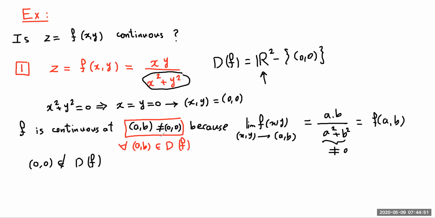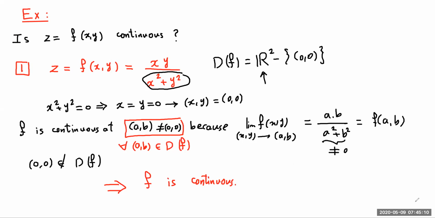The function f will be continuous at this point. So for this reason, the function f is continuous, because it's continuous on its domain, at any point in its domain.